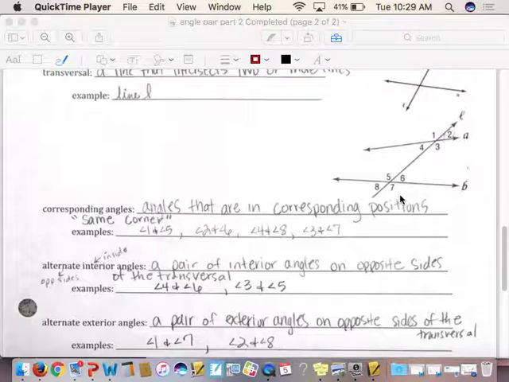To be an alternate exterior, you're going to have to be 1 and 7 and 2 and 8. An alternate exterior is going to be 1 and 7, 2 and 8.